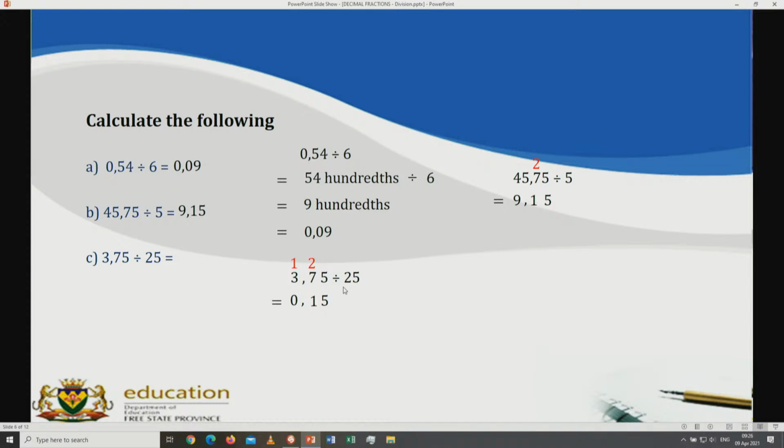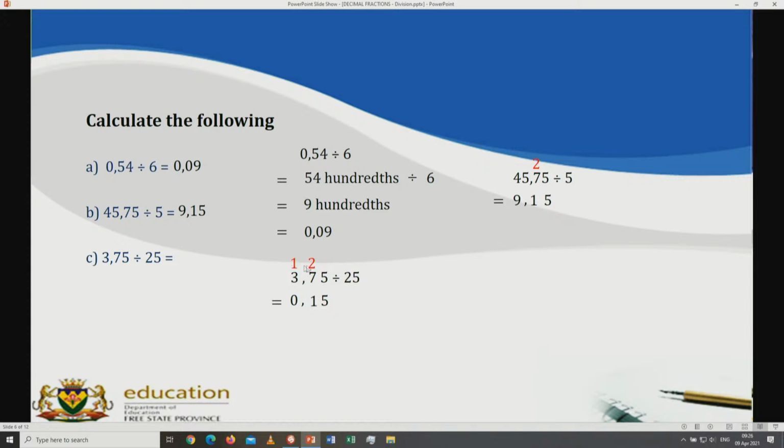Let me repeat it. 25 into 3 does not go, so we say 0, comma, and then we say 25 into 37 tenths, it goes only once. Remainder will be 12 tenths.